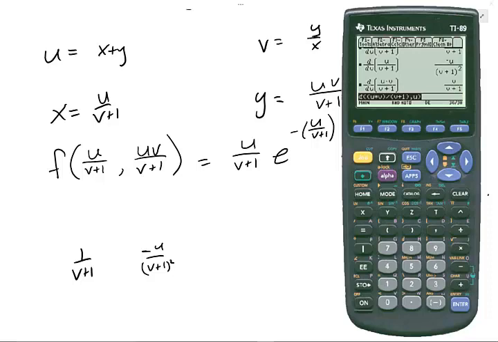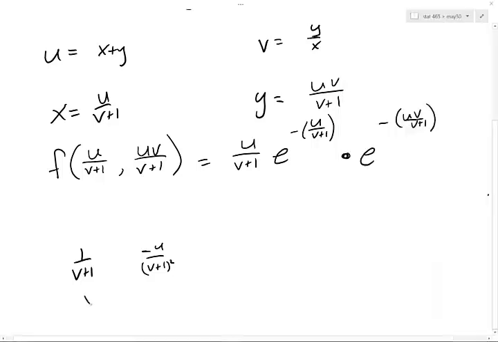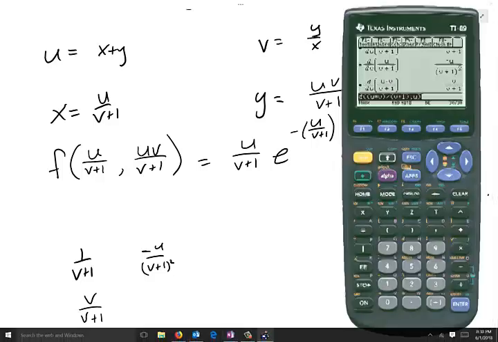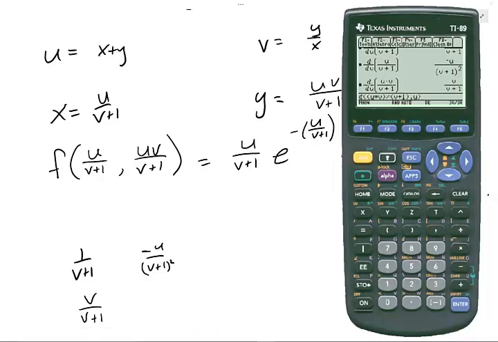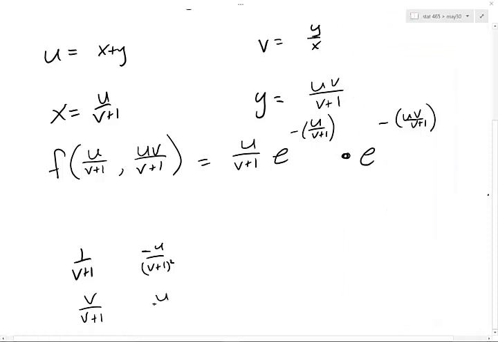Then change that to a v. It's u over v plus 1, squared.